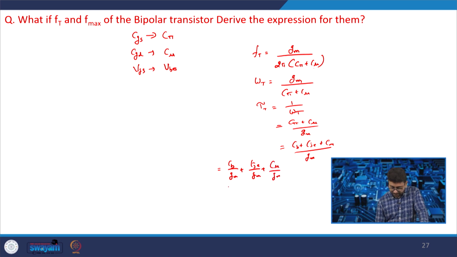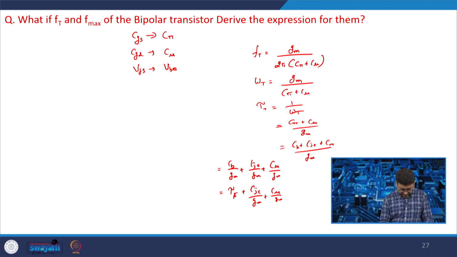This can be written as tau f plus Cje by gm plus C mu by gm. This tau f is different from the MOSFET that we have seen. Now, what is tau f?